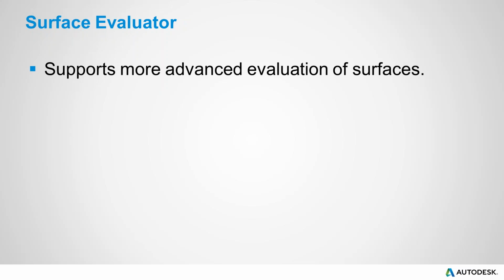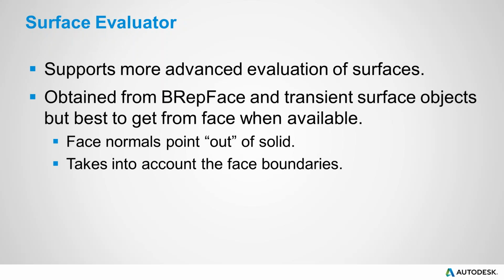For example, this is how I would ask Fusion to calculate and return normals from a surface, or to get tangents, or to get the area of a surface. And there are derivatives I can get back. So there are these more advanced calculations that I can do on surfaces. It's done through this surface evaluator object, and you can get this from a face, or directly from geometry too.